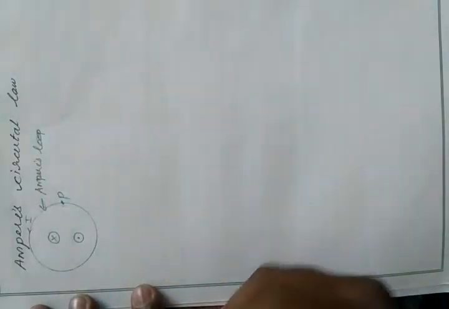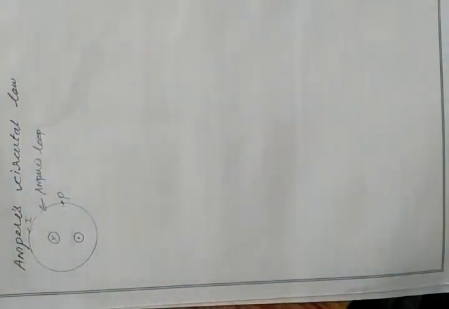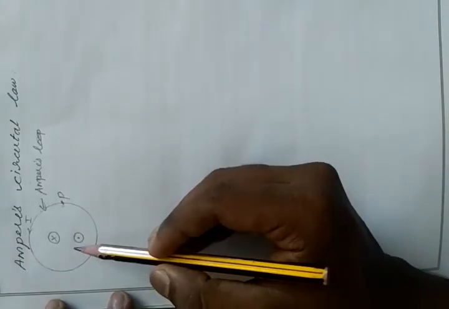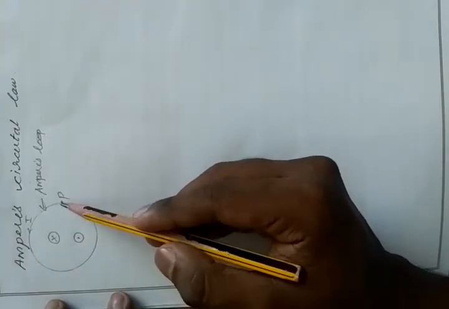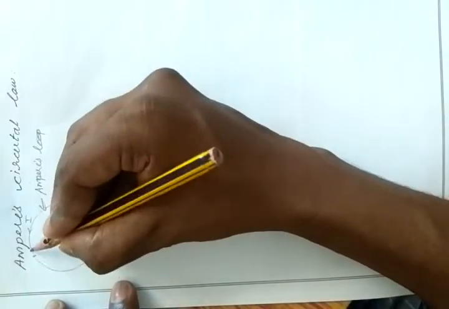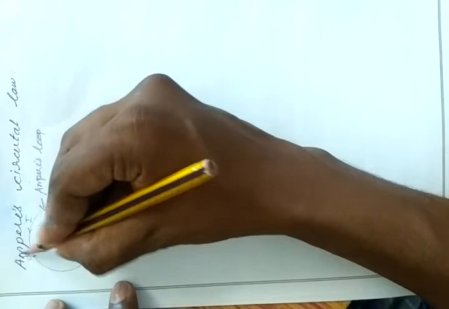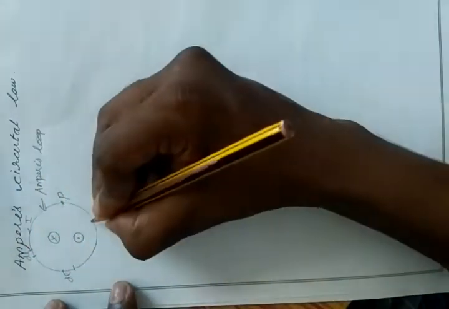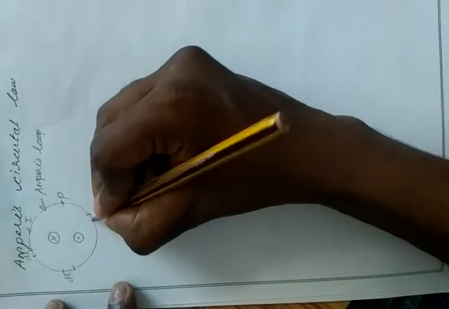Because of the current flowing through these two straight conductors, we get a magnetic field at point P. We consider a small length element dl throughout the Ampere loop.